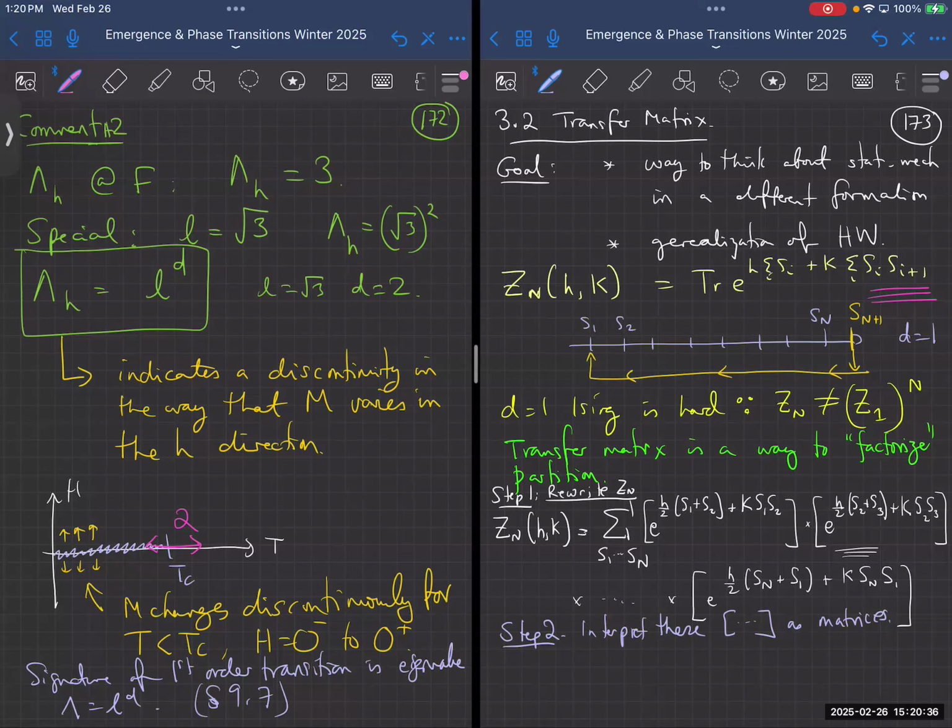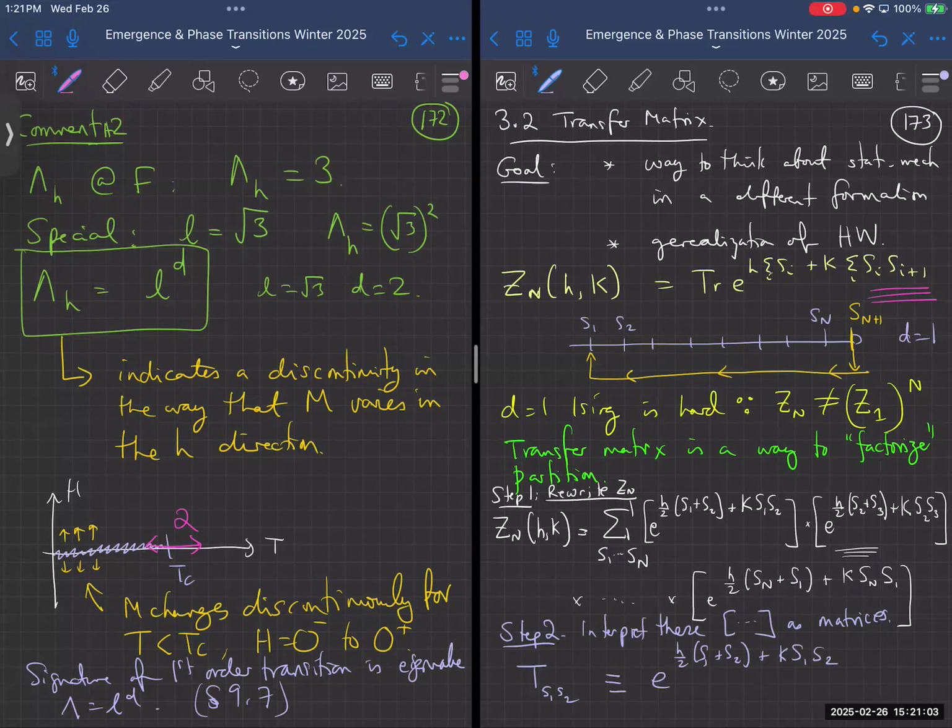So I'm going to write down what the matrix is, and then show you that it really is a matrix. I'm going to define an operator T(S1, S2) equal to e to the h over 2 (S1 plus S2) plus k S1 S2.